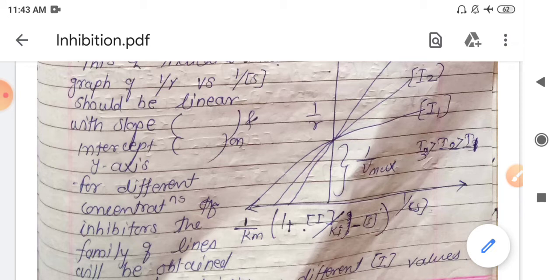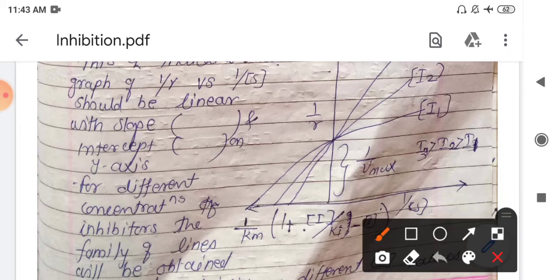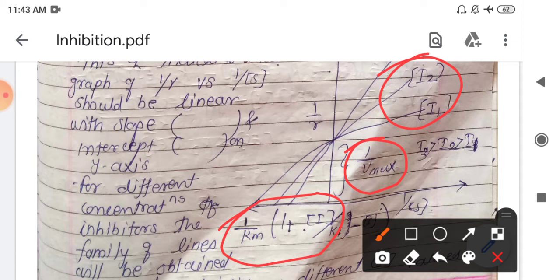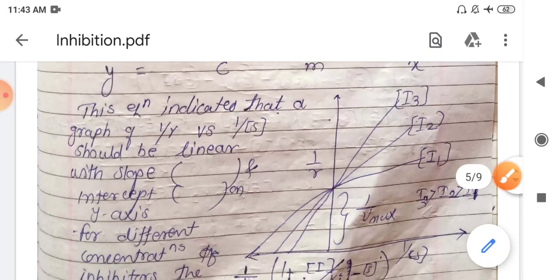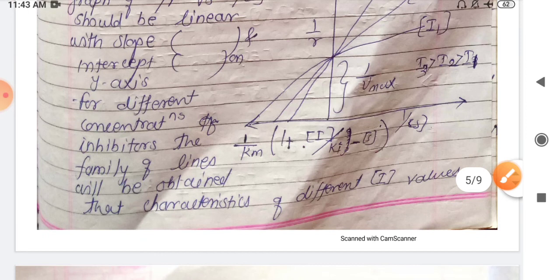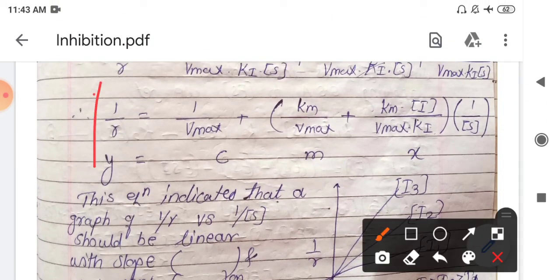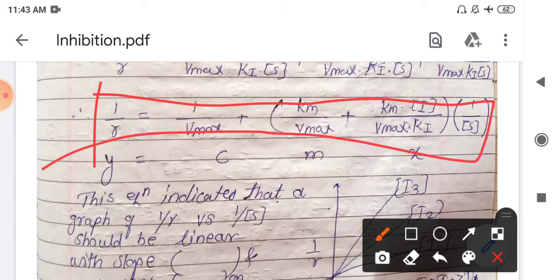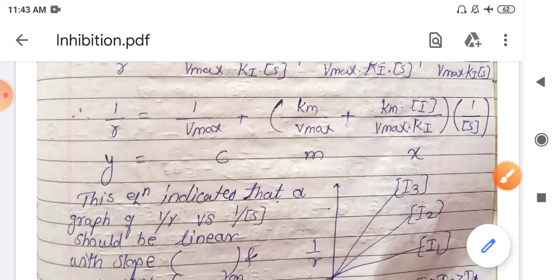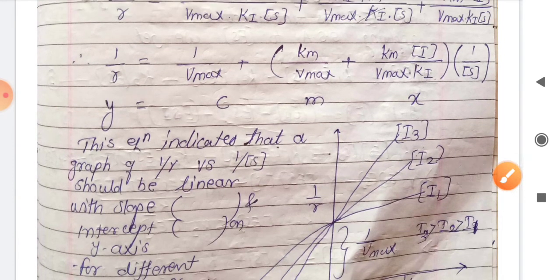Overall, in competitive inhibition the y-intercept remains the same, while the x-intercept changes and the slope also changes. The question might be that you are given various equations and asked to identify the slope of the competitive or non-competitive inhibition, or you might be asked, if the concentration of inhibitor changes, which of the following will change.